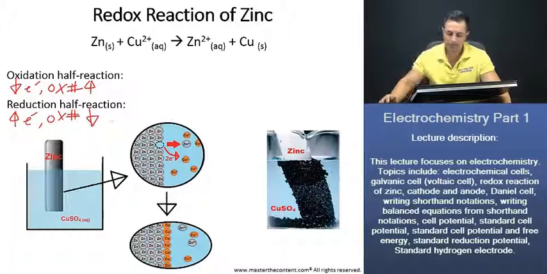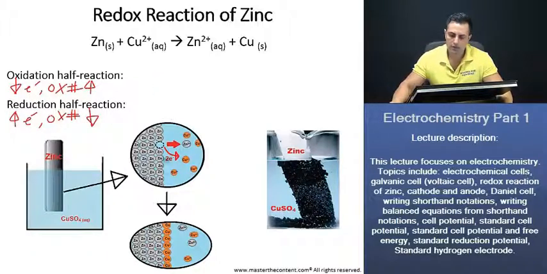Here, the copper ion is gaining the electrons and the zinc is losing the electrons. We know that the zinc gets oxidized and the copper gets reduced. Thus, for our reaction, let's write the oxidation half reaction and the reduction half reaction.